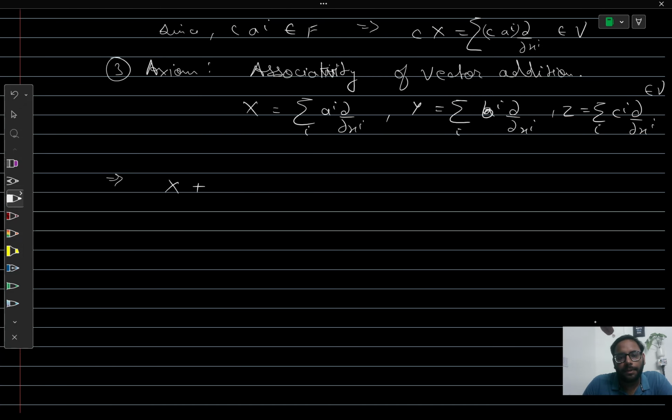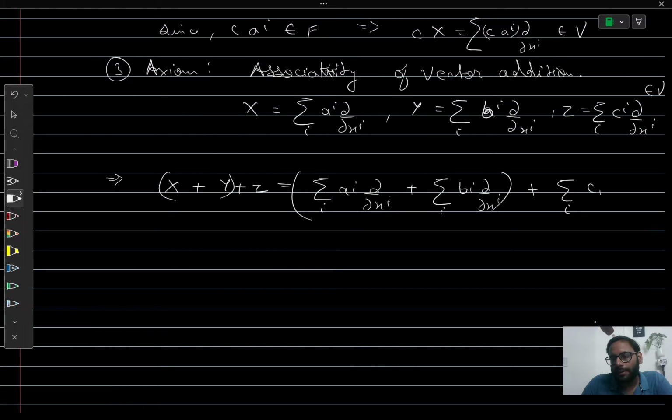Let x plus y plus z, you compute this first, and that will be ai dxi plus bi dxi, and then there will be ci dxi.